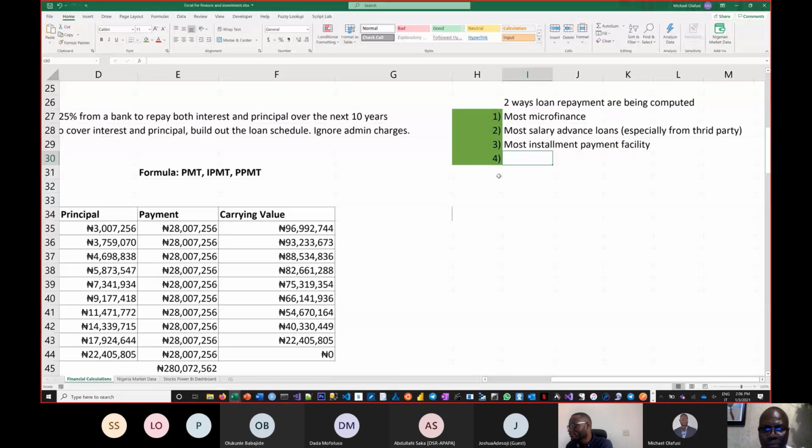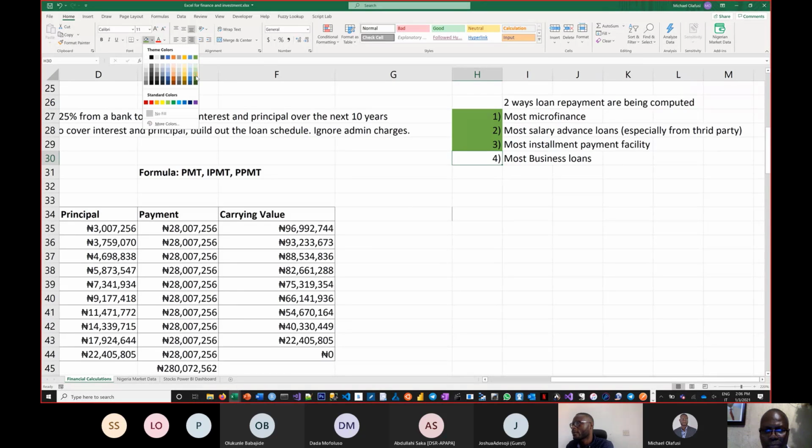Then we have business loans. Most business loans are of a different category too, so let me use a different color here. What are those two categories?